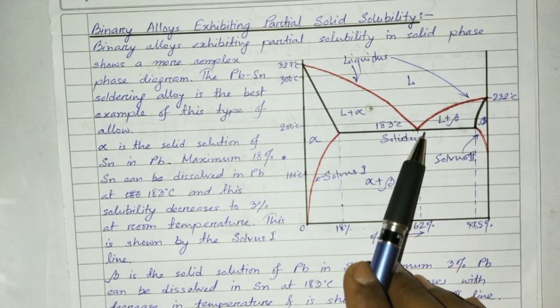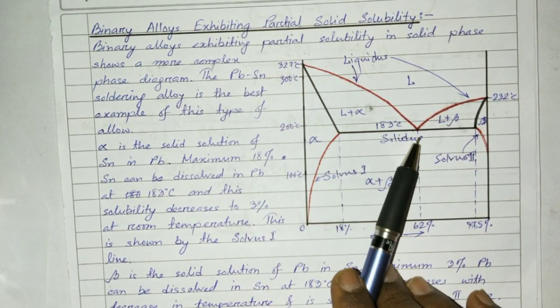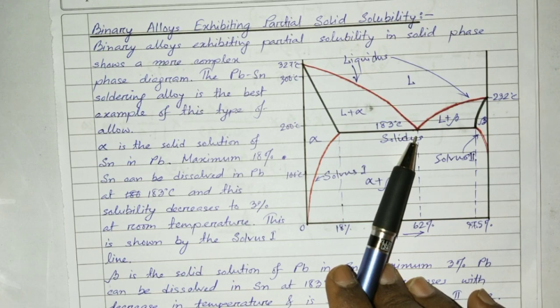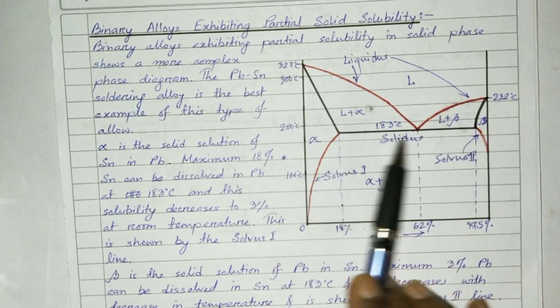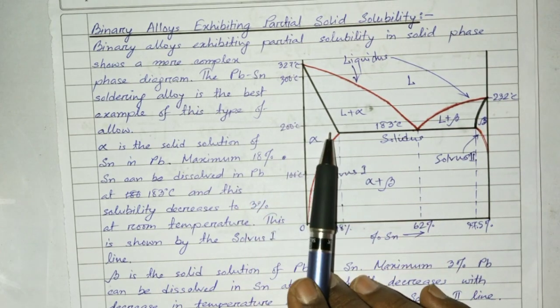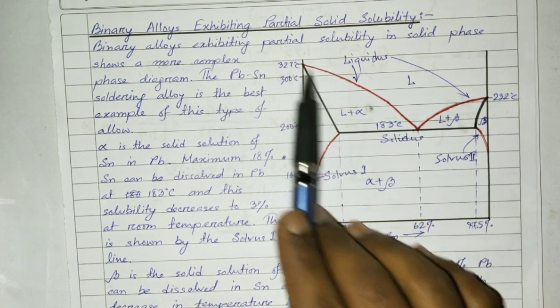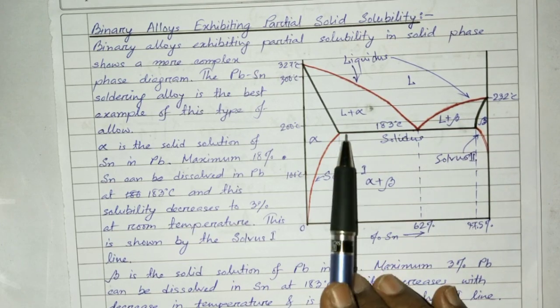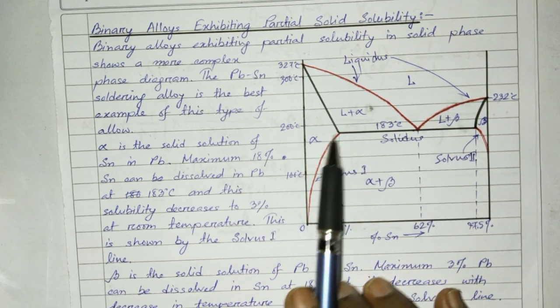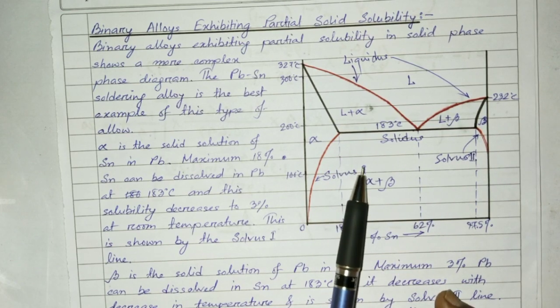Here the liquidus line is not continuous, just like the previous diagram, and the liquidus line has been shown in red, and the solidus line is also non-continuous over here, unlike the previous diagram, and it is in black. And we see two more lines which are called the solvus lines, which are shown in red over here.